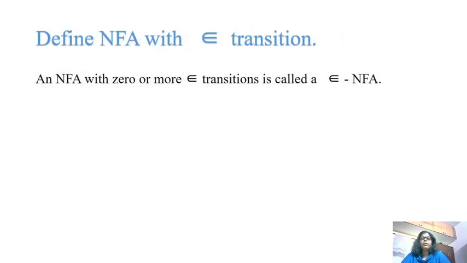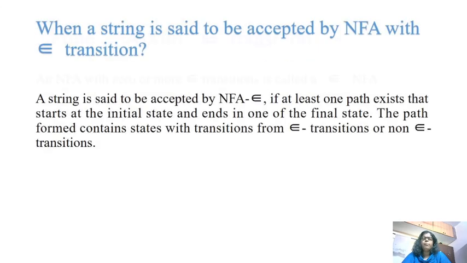Okay, so here define NFA with epsilon transition. An NFA with 0 or more epsilon transitions is called an epsilon NFA. Okay, when is a string said to be accepted by an NFA with epsilon transition? This is a question.